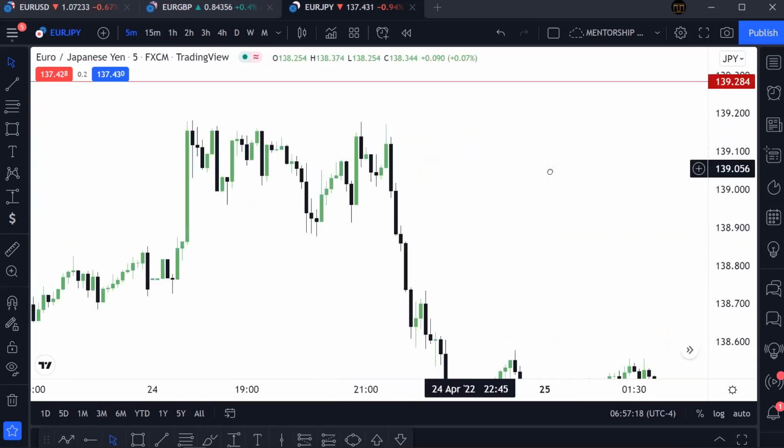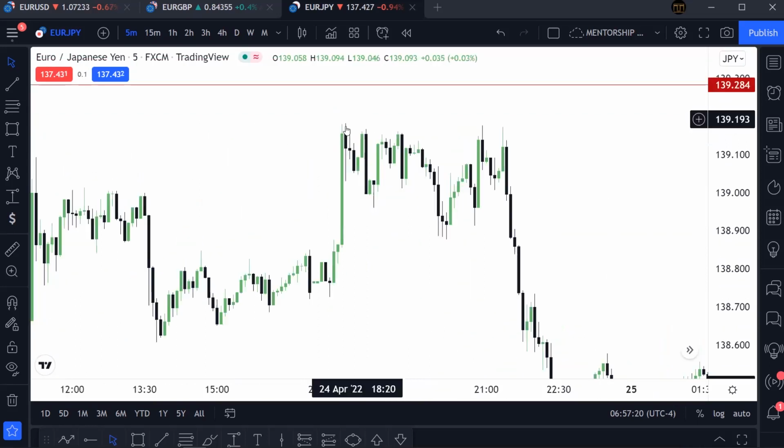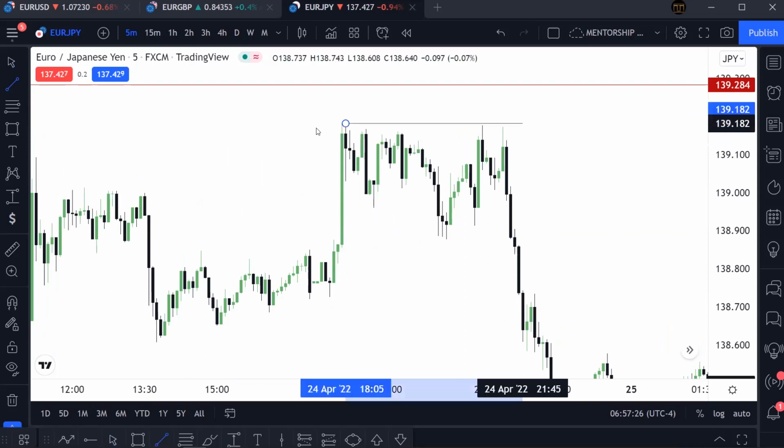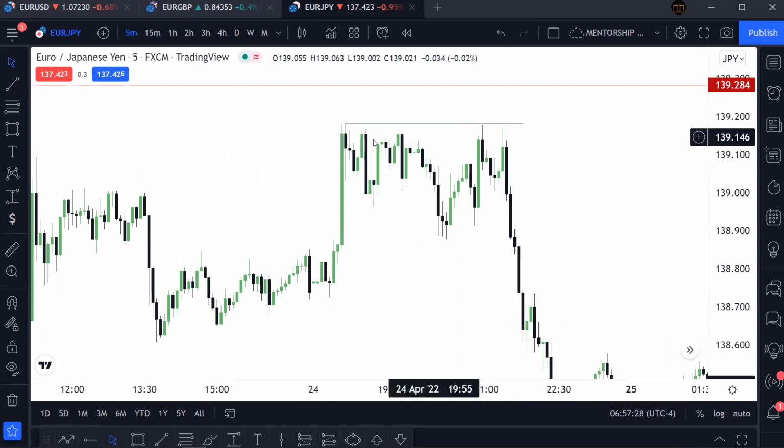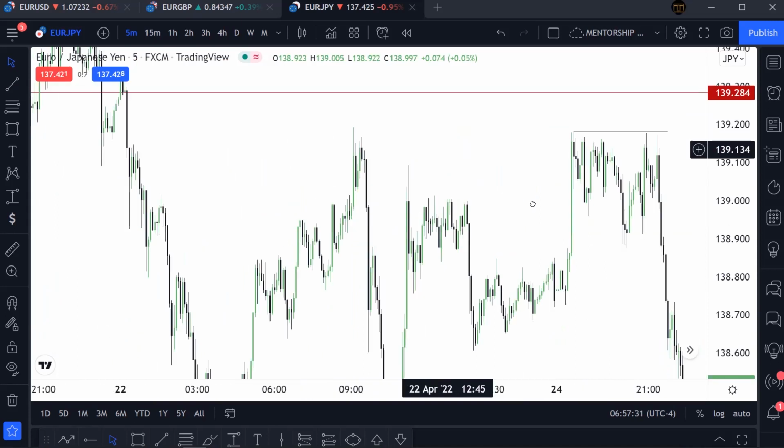I'm on a 15-minute chart. We had these highs here. Let me see if we traded above those highs. No, we didn't.